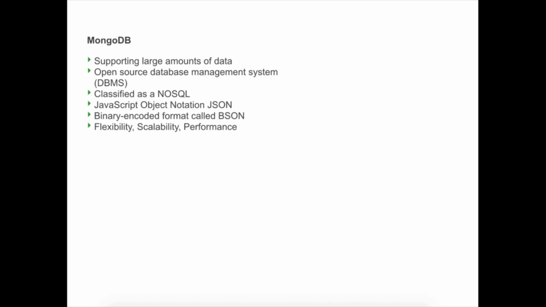It provides the embedding of documents, it avoids the concept of joins, which is a complicated matter when working within a relational database, and it provides us the ability to index data.